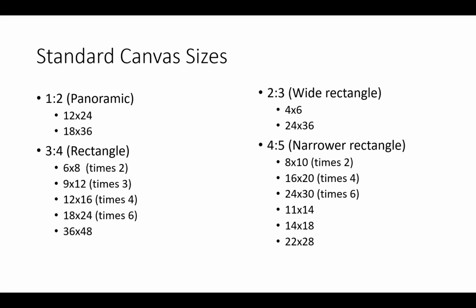And the narrower rectangle, sort of a more squarish rectangle, 4:5 ratio, that is also available in lots of popular sizes. 8 by 10, 12, 16 by 20, 24 by 30, and then there's also some other ones which are pretty close fit to 4 by 5. 11 by 14, 14 by 18, 22 by 28, all work well with the 4 by 5s.